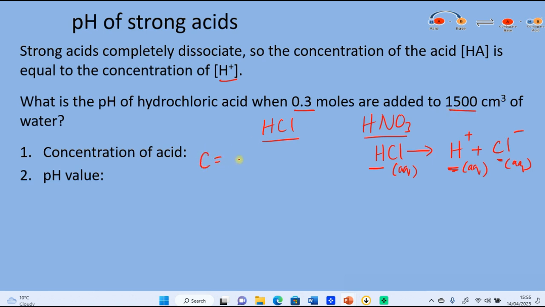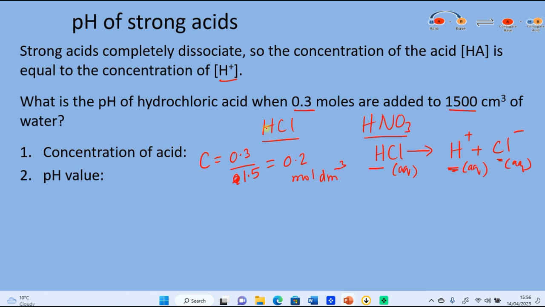Converting that to concentration, moles divided by volume in liters. So I'm going to write that in liters, 1.5, and if you calculate that, that gives us 0.2 moles per dm cube.